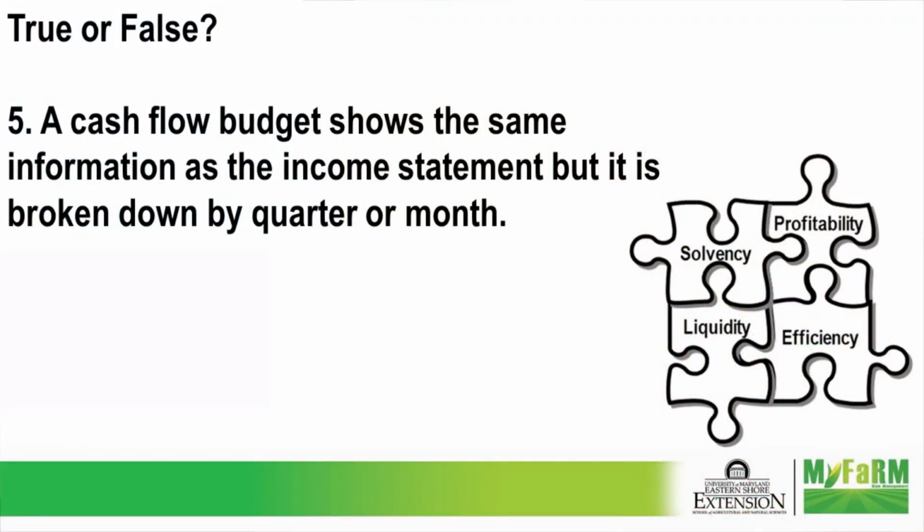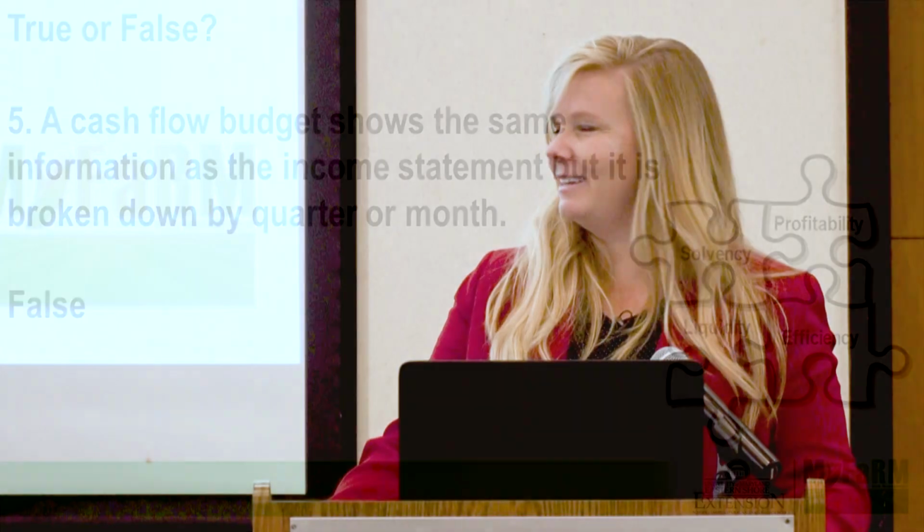All right, 5th question. Cash flow, very important for farms, right? The cash flow budget shows the same information as the income statement, but it's broken down by quarter or month. All right, that one's false. Are you seeing a trend here with his answers? I noticed that. All right, number 6.